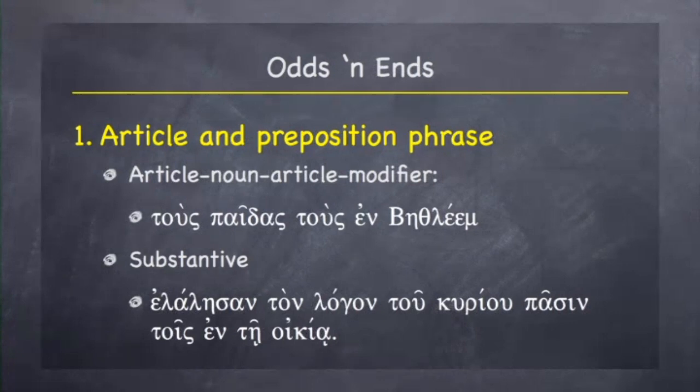Okay, they spoke the word of the Lord to all, the in the house. How do we say that in English? Well, it's to all who are in the house, or we say to all those in the house, something like that. Now check with your teacher about how free he or she wants you to be in handling these situations. But you're going to have to be free. You can't say to all the in the house. That's not English, right? Okay, so that's the first odds and end.